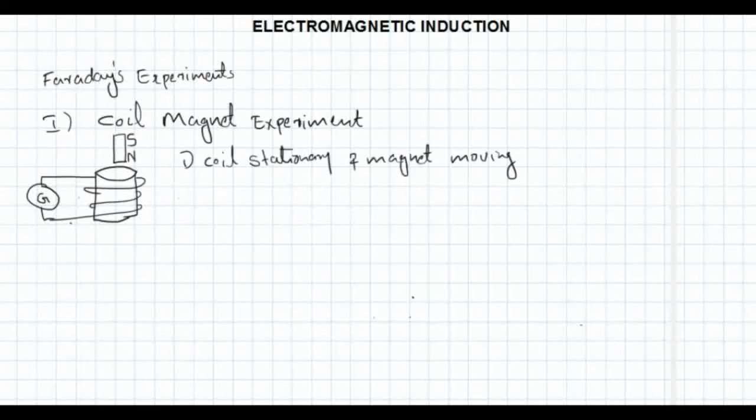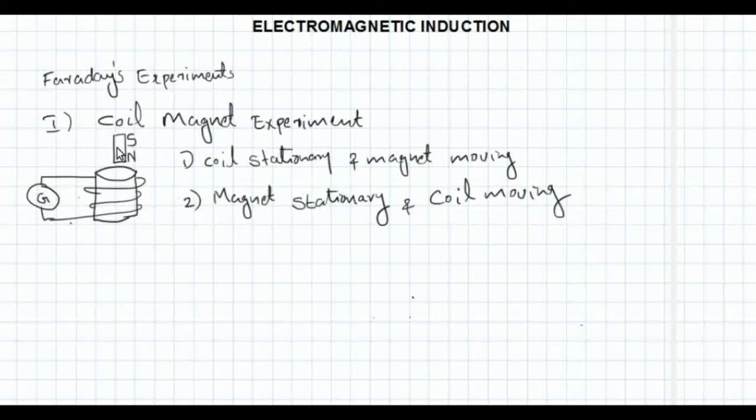One is the coil is stationary and we were moving the bar magnet into the coil. In the second part, the bar magnet was stationary and we were moving the coil upward so that the bar magnet comes inside the coil. So the magnet is stationary and the coil is moving. This is called the coil magnet experiment.